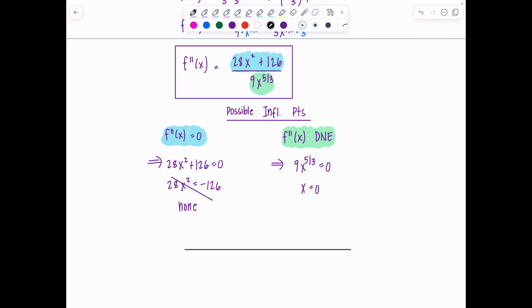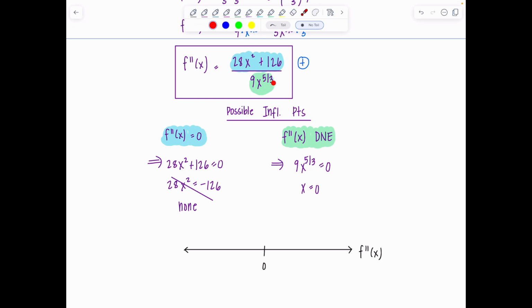How do you check? Similar to the first derivative test, you make a number line. Here's f double prime of x. I'm going to put 0 on there and test on either side. Now remember, we said the numerator had no zeros. In fact, it's always positive, because if I square something and add 126, man alive, that's always positive. So just check in the denominator. Say you put -1. -1 raised to the 5/3, these are both odd, right?